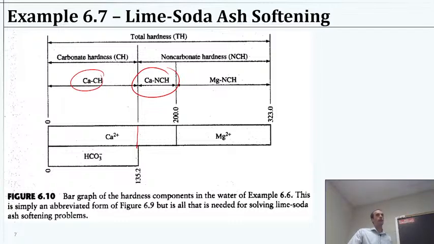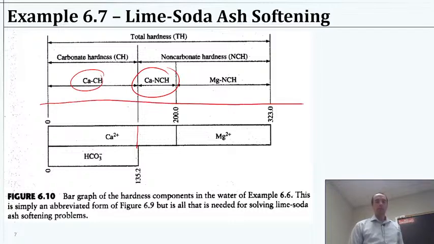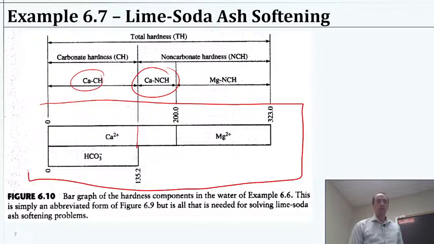This would actually be a good example of the type of skill that I want you to have here, which is to be able to put everything in calcium carbonate hardness, as CaCO3, and then recognize what this looks like. Notice here that really this is like two plots. If you just look down here, all we've done is plot the cations on a bar graph, and then the anions involved, which in this case is just the bicarbonate.